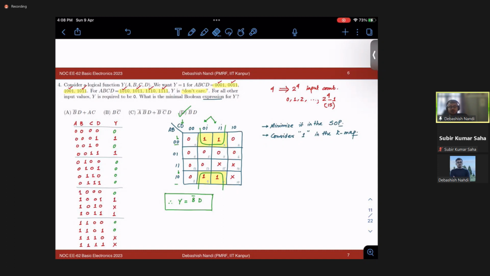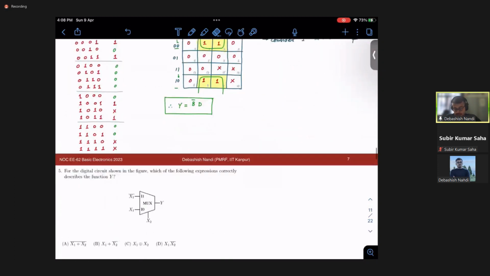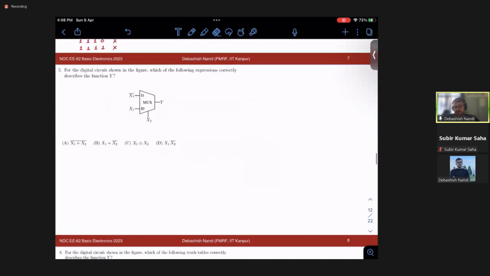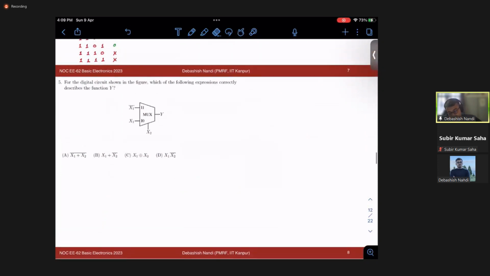Okay? So if this is fine, let's move on to the next problem. Here they have given a multiplexer. So a multiplexer is nothing but a digital block. What does it do? Let me explain.